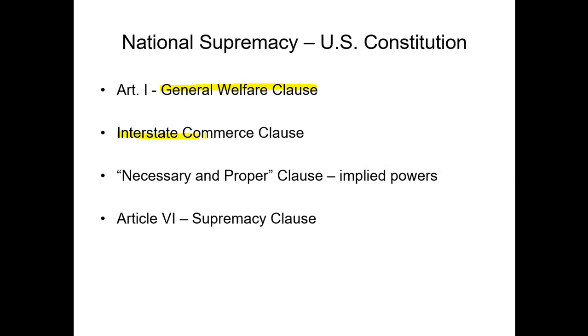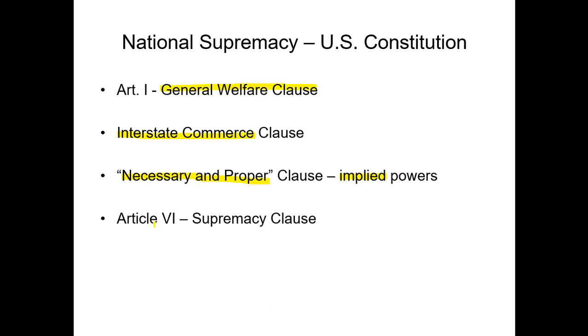They also can regulate commerce between states. And here is a fairly vague one, that's why it's called implied powers, also in Section 8, is that Congress can pass laws that they think are necessary and proper. So that's a pretty big power. Congress could literally go in there and pass a law that they think is needed for the United States.